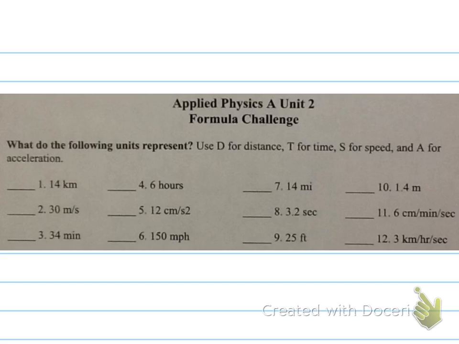So, in our first one, our unit is kilometers, which is a measure of distance. So this is a D for distance. Number 2, meters per second. That is a speed because it's a distance per time.